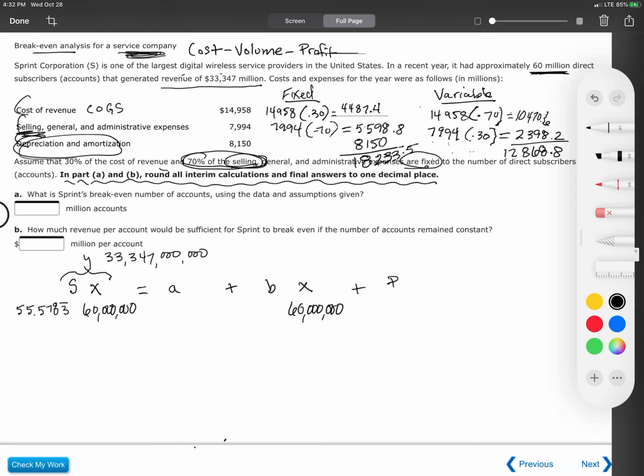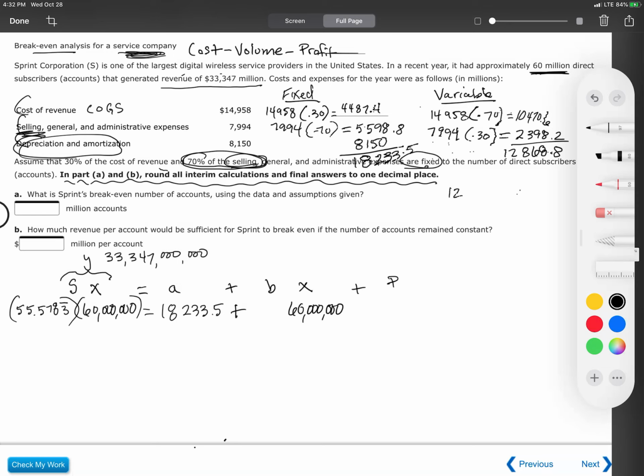All right. The total of the fixed costs is A, 18233.5, plus. Now B is variable cost per unit, not total.